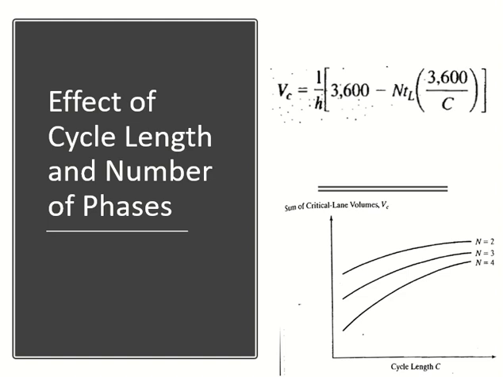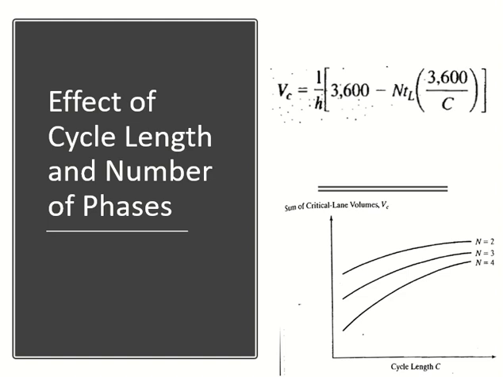So two phases means two movements. Does an intersection have two movements only? No, it has more movements, right? So then two phases may not be practical every time. Although it gives maximum capacity, I cannot provide it, because I have other movements as well. Clear?